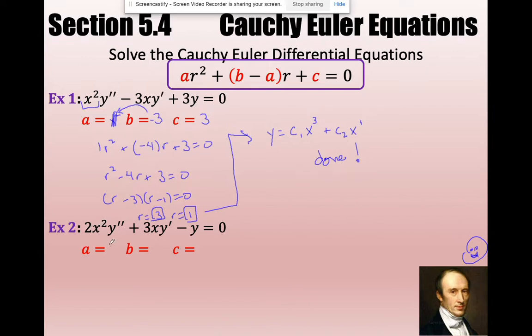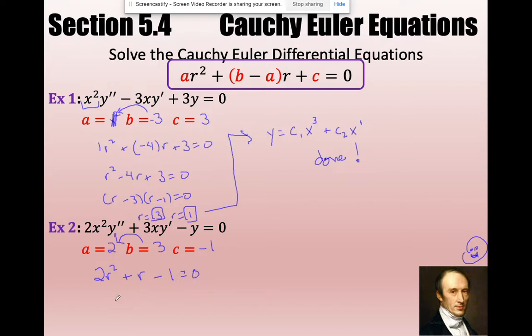What's the coefficient of x squared? Coefficient of x. Coefficient of x to the first. Coefficient of x to the 0. Fill in your formula. 2r squared plus b minus ar minus c plus the -1 equals 0.